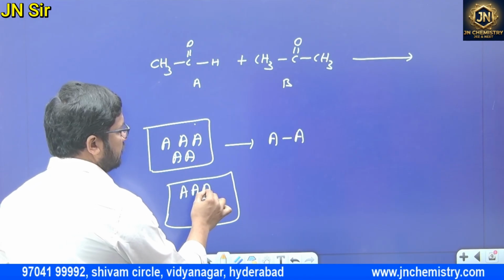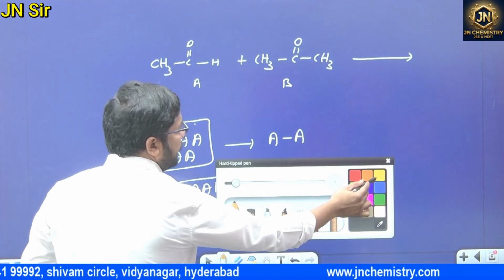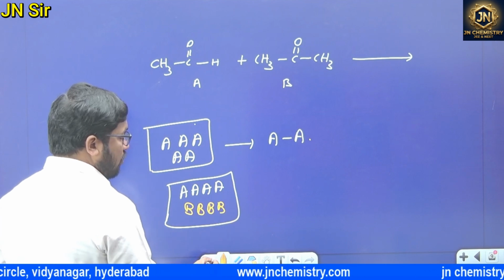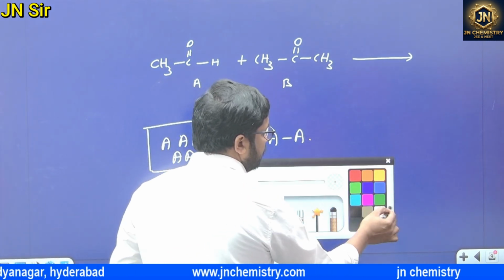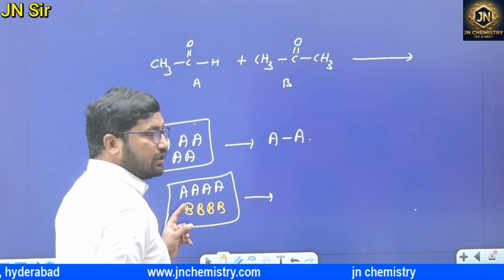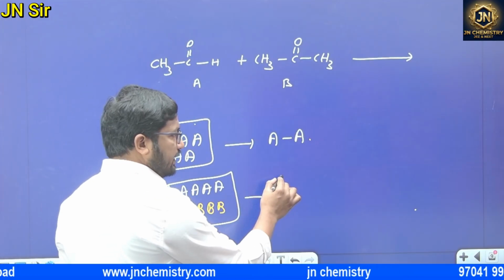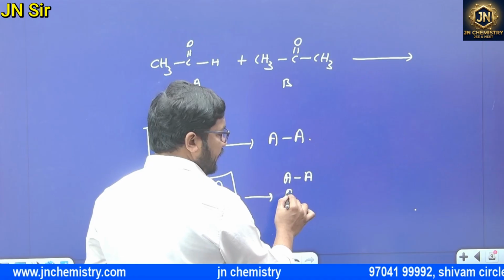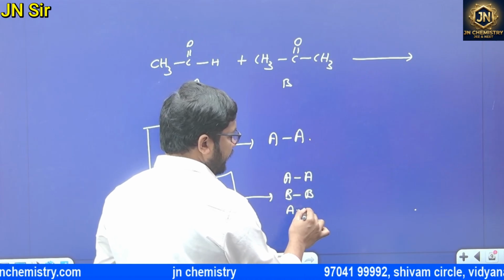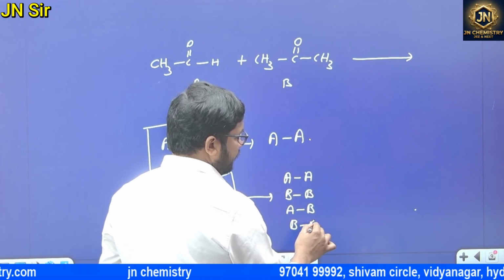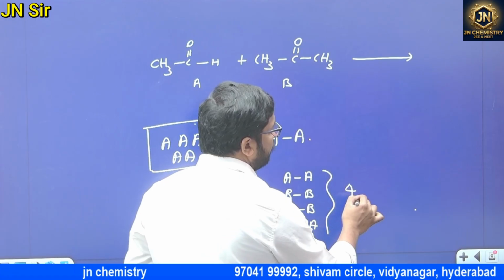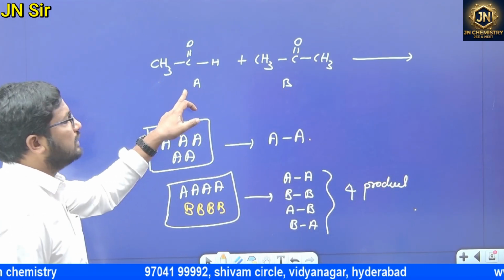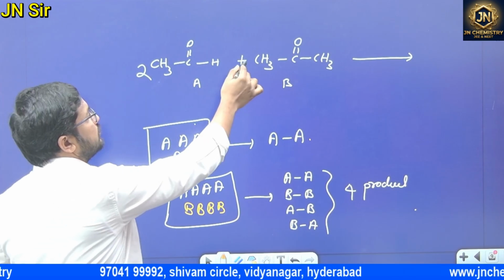Now what I'm doing? Along with AA, we are adding BB also. How many combinations will you get? Let me know. You can get AA, BB, AB, BA. You get 4 products now. Take 2 moles like this, 2 moles like this.